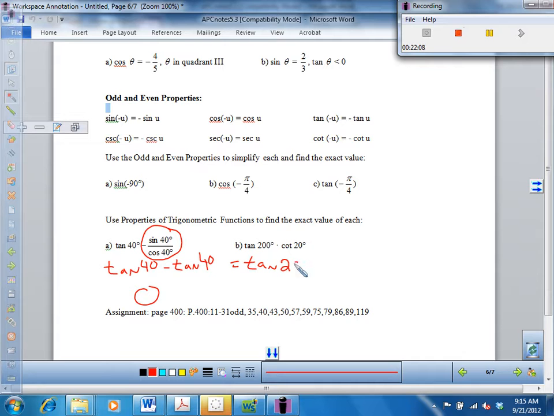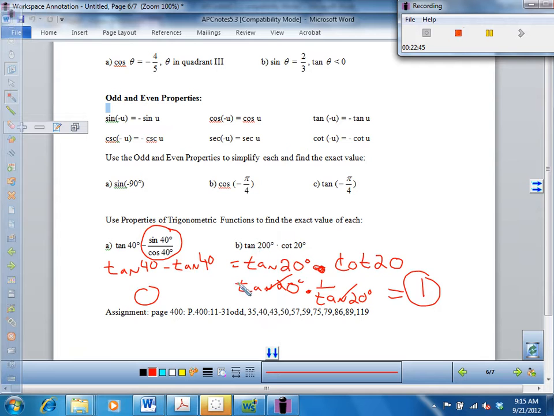So that's exactly the same as the tangent of 20 times the cotangent of 20. And so I know that this is tangent of 20. How can I rewrite the cotangent of 20 using a reciprocal identity? 1 over the tangent of 20. And what happens to these two things? They cancel. And I get that that's equal to 1.